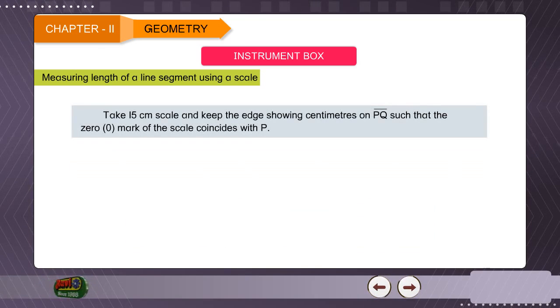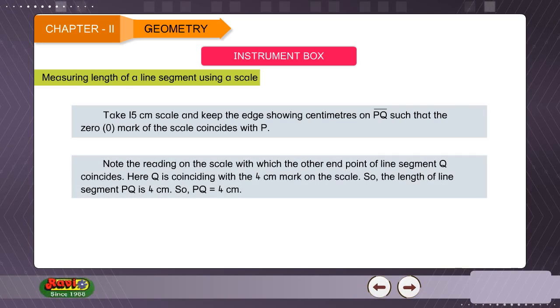Take a 15 cm scale and keep the edge showing centimeters on line segment PQ such that the zero mark of the scale coincides with P. Note the reading on the scale with which the other end point Q coincides. Here, Q is coinciding with the 4 cm mark on the scale.